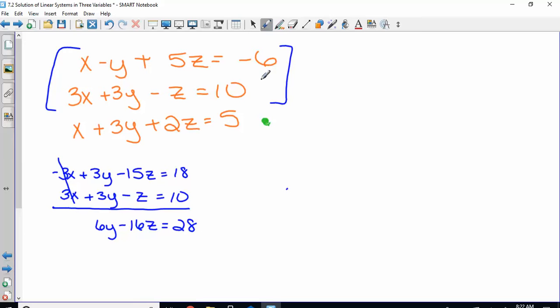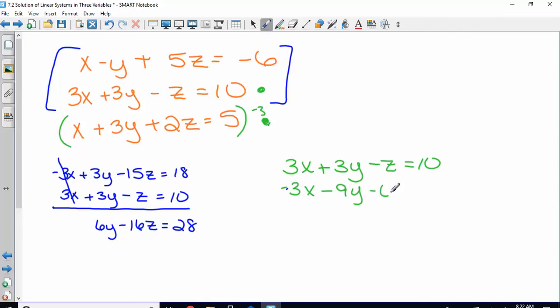So which one do you want to put it with? Second one. So then we just need to take the bottom one times negative 3. 3x and negative 3x cancel.